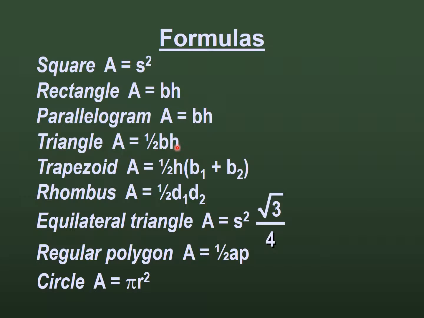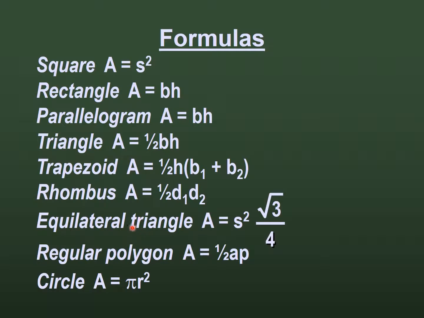Then the formula for a trapezoid, which was 1/2 H times B1 plus B2, where H stood for height, B1 stood for the first base, and B2 stood for the second base. Then we had a formula for a rhombus, which was 1/2 D1 times D2, where D1 and D2 were the diagonals.